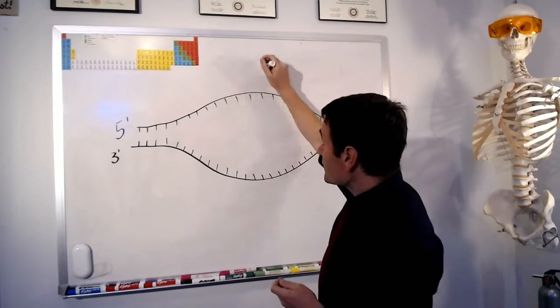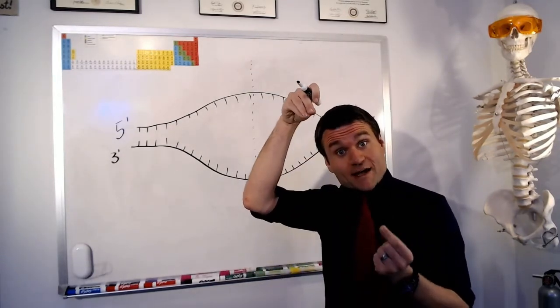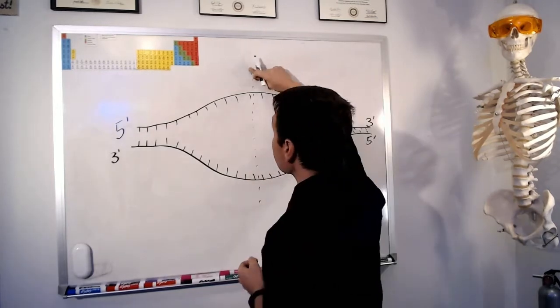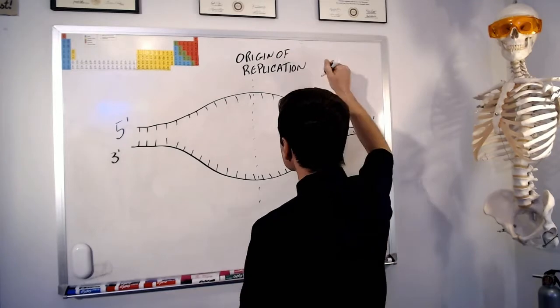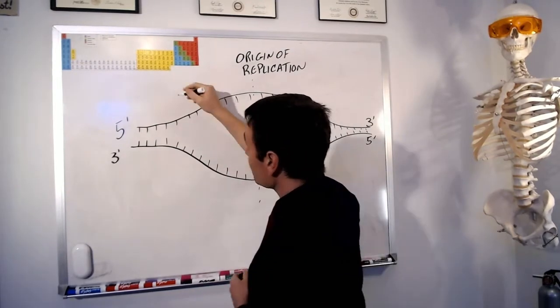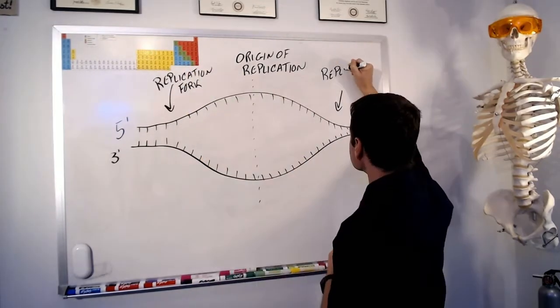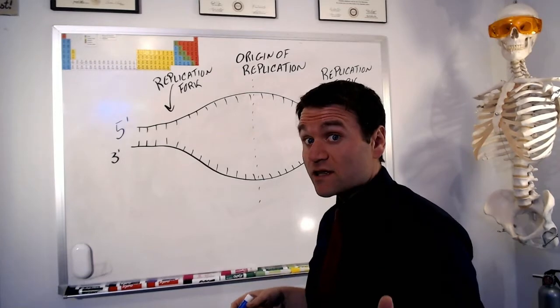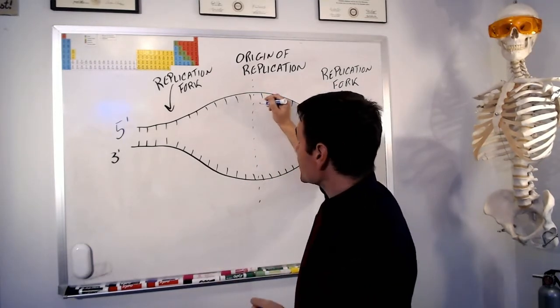Now here, in the very center, where I opened up the strand to create this little replication bubble, this is the origin of replication. On either side of this replication bubble, we have what's called a replication fork. DNA polymerase is going to begin replication at this point, at the origin of replication.